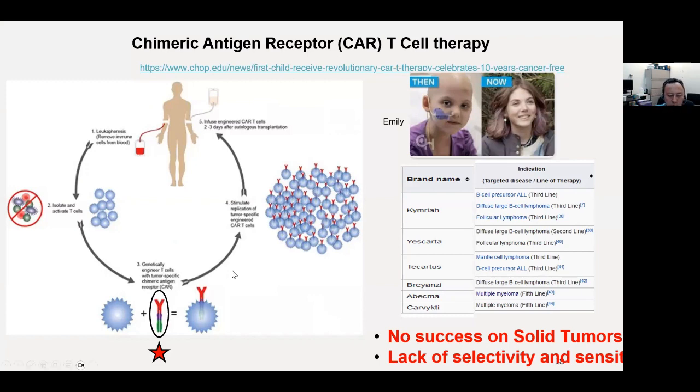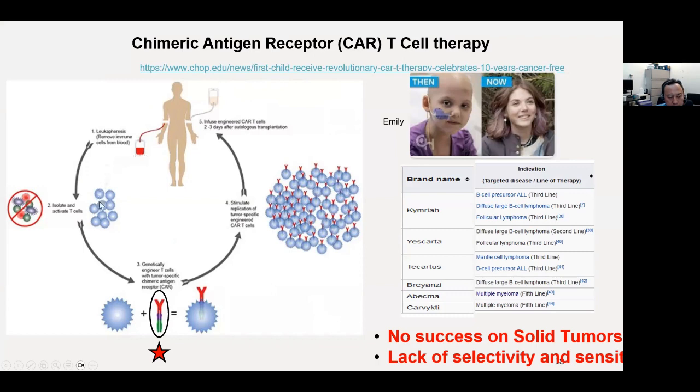the central topic for this talk, and it concerns the chimeric antigen receptor, which is used in T cell therapy. T cell therapy is basically taking blood from the cancer patient, in this case leukemia.